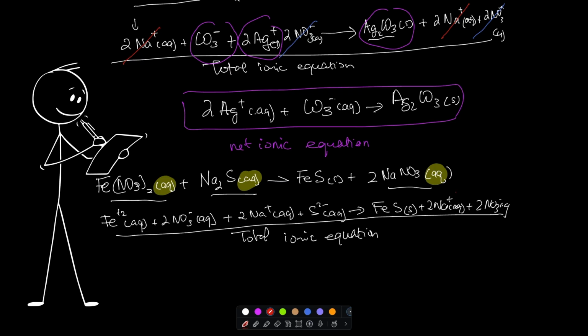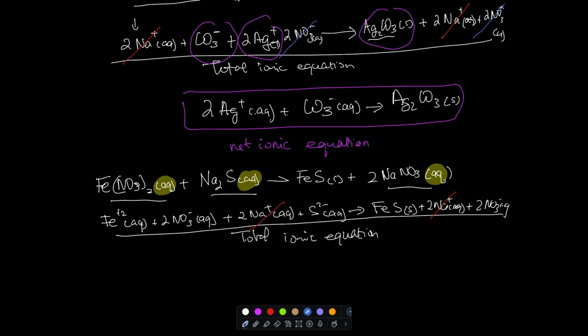So we can see that the 2 Na plus right here are the same, right here. And we can see also that we have 2 NO3s that do not participate. So we're going to be left with this, and this as our net ionic equation.